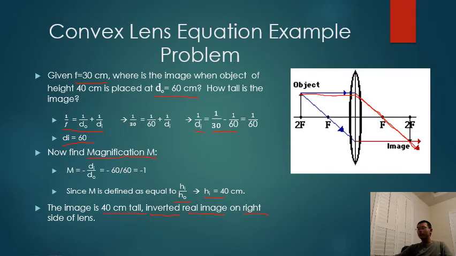The second rule states that the ray that passes through the center of the lens will end up as a straight line. The third rule says that the ray that initially passes through the near focal point will end up parallel to the optical axis. The intersection of the rays is the image location. So the image is located here.